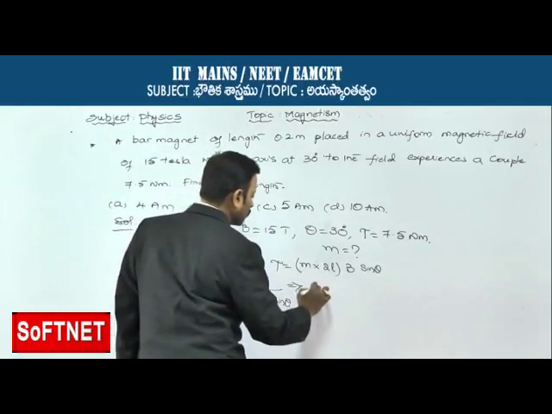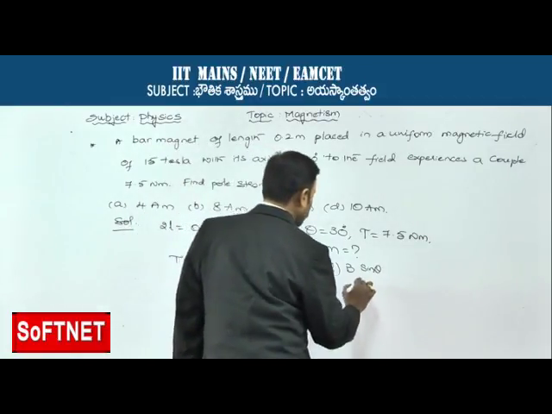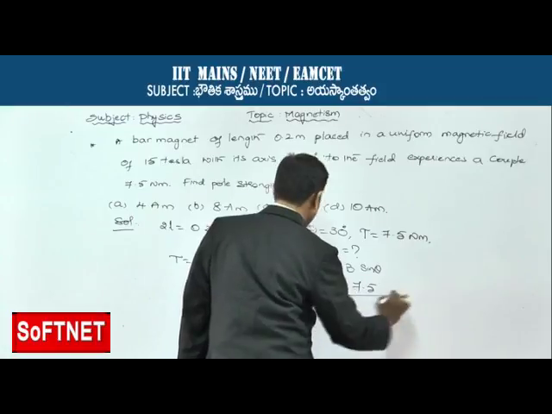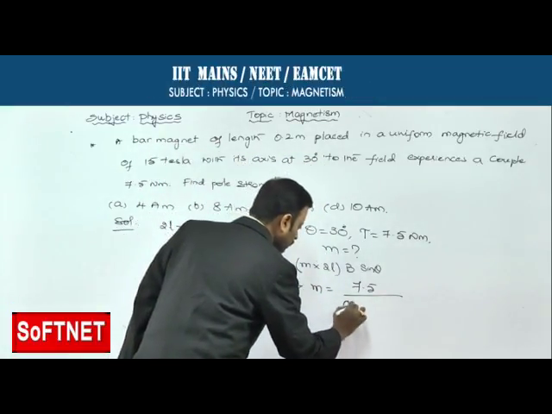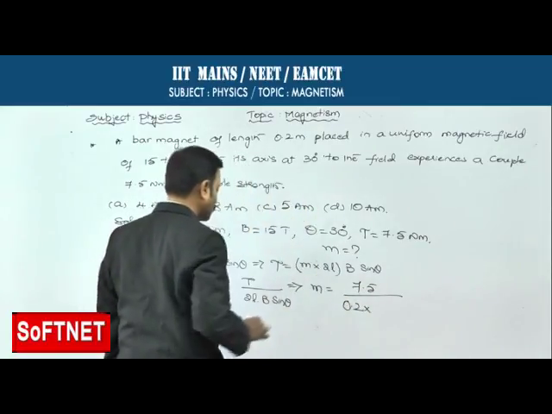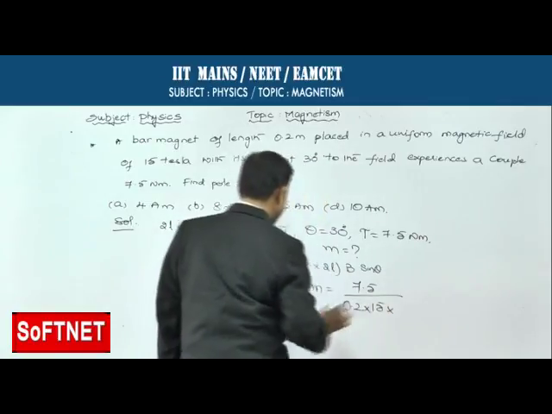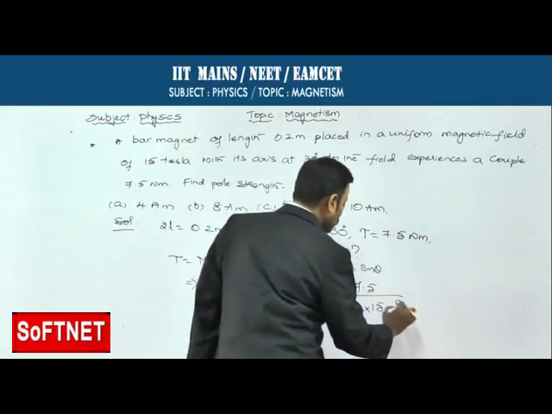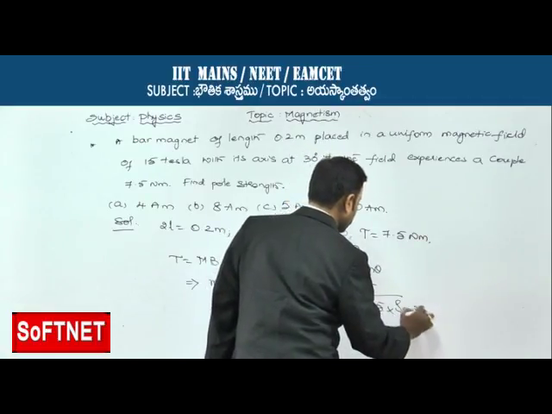From this, pole strength small m is equal to, substituting the values, tau is 7.5 by magnetic length, which is given as 0.2 meters, the magnetic induction is 15 Tesla, into sine of the angle 30 degrees.